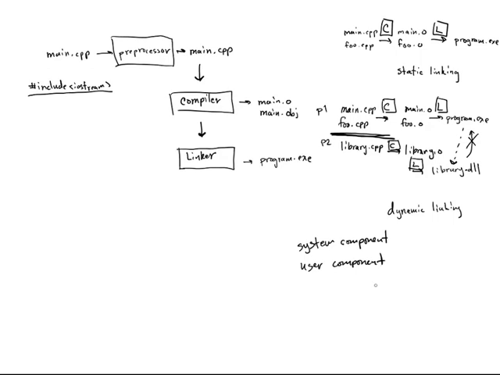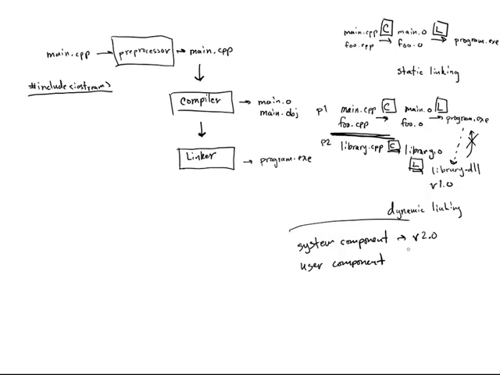So one of the dangers of dynamic linking is that you might have linked to version 1.0 of this DLL. But on the computer that you've distributed your program to, you know what? They might have version 2.0. Now, this may or may not be a problem.